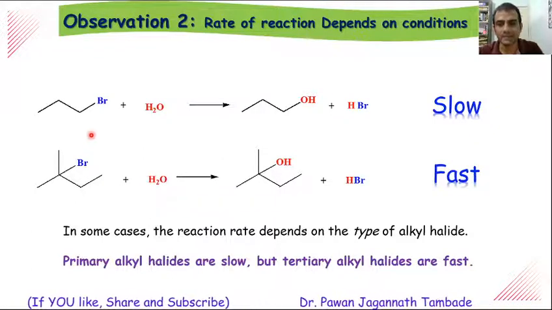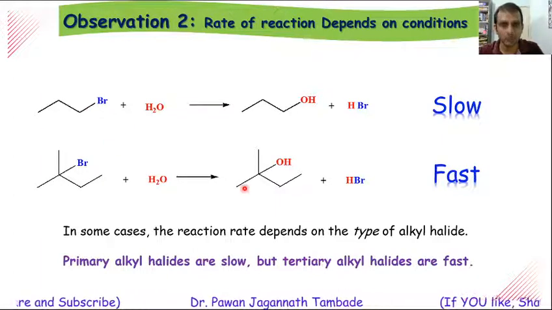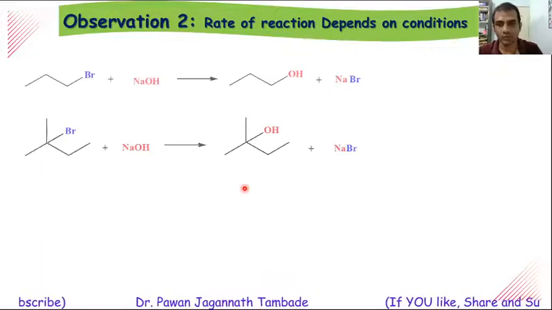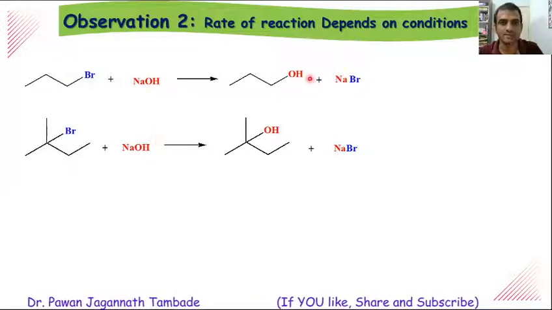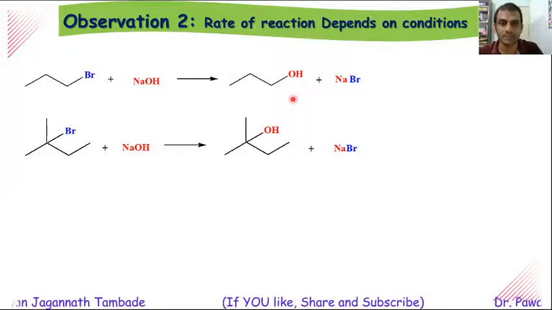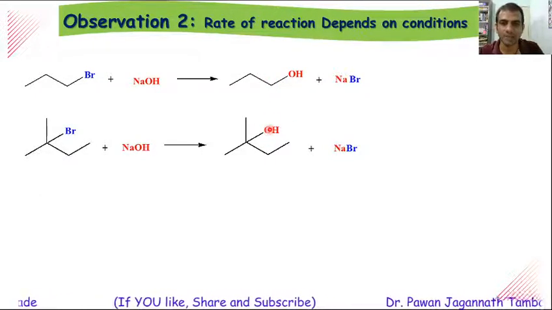However, when the same substrates are allowed to react with a stronger nucleophile, like NaOH, we are expecting a similar kind of product: here a primary alcohol and in this case a tertiary alcohol.